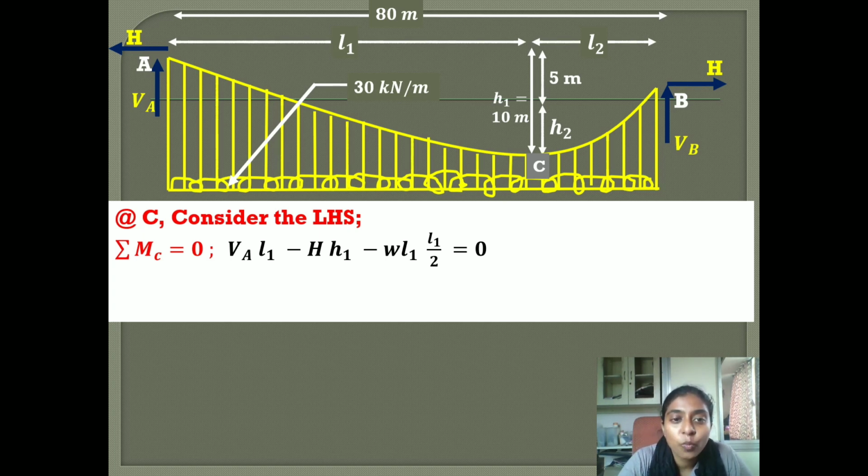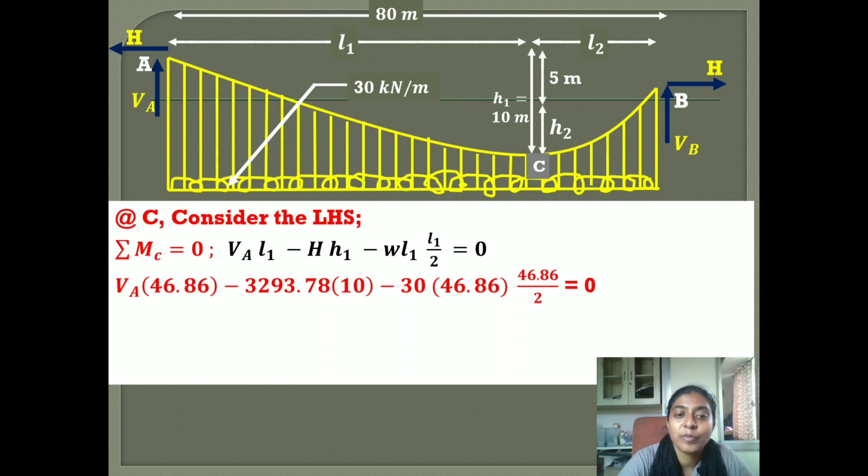So we get VA into L1 minus H into h1 minus W into L1 into L1 by 2 is equal to 0. L1 is known for us, capital H is known, small h1 is known. The only unknown is VA.